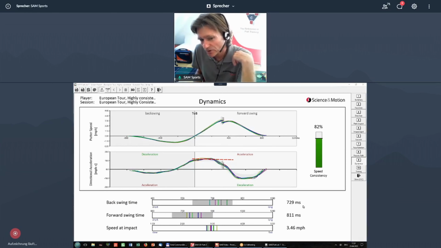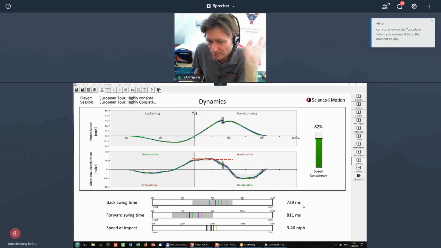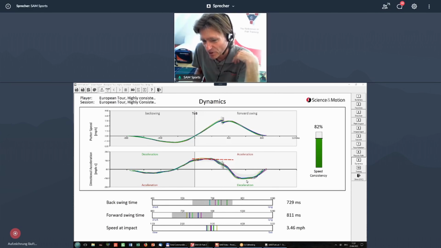This is a very neutral type of stroke, and this is very close to what we would say, well, I wouldn't say ideal. You don't know what is really ideal, but it's very much matching what we think is average of what we see in our tour data.